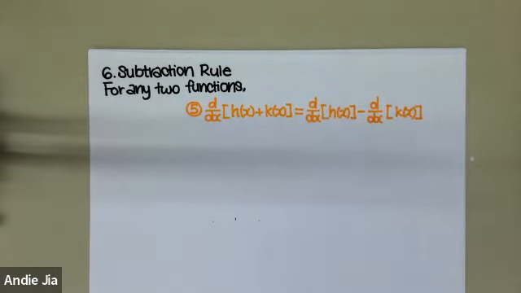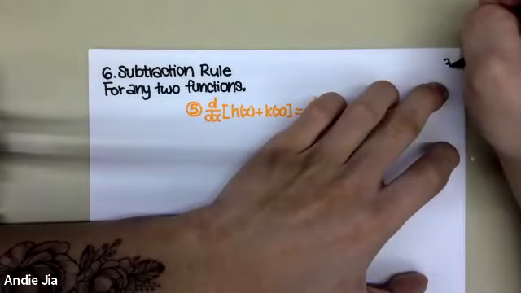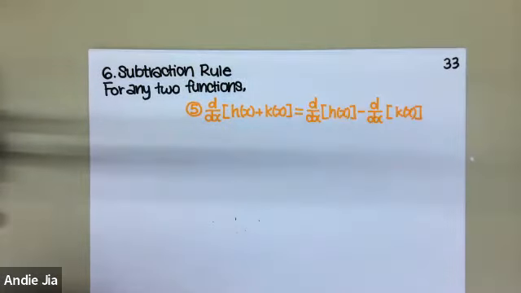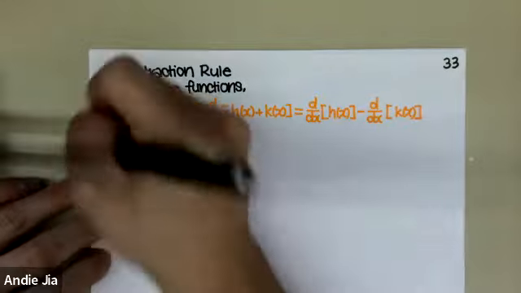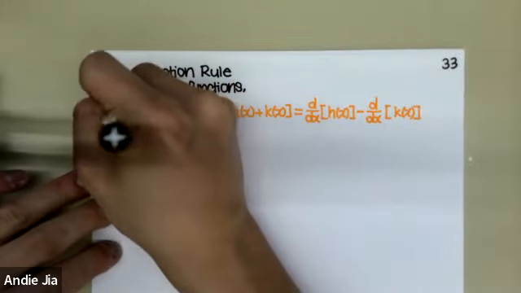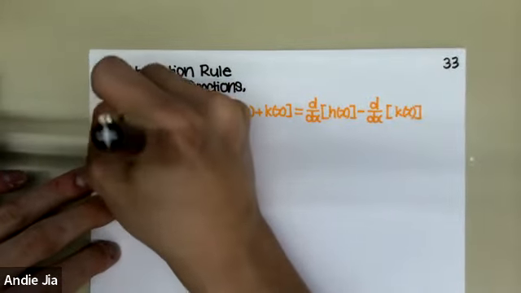Last one, number 7, I promise this is the last one. Number 7 is the exponential rule.